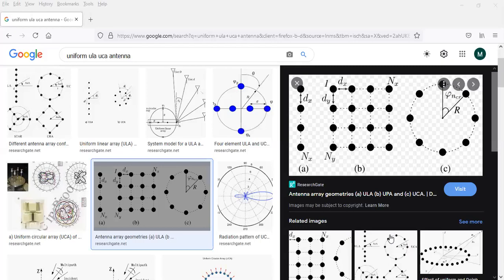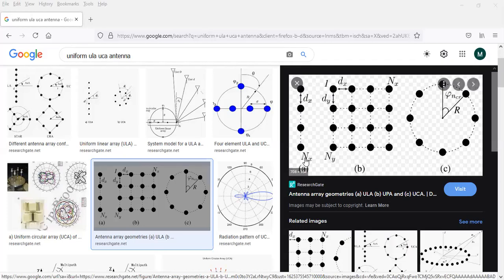You see the black dots, note down this part. On the left side, you have ULA. Then it is URA. And the rightmost one is UCA.